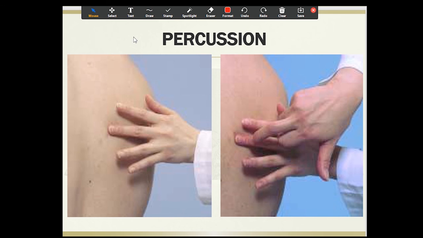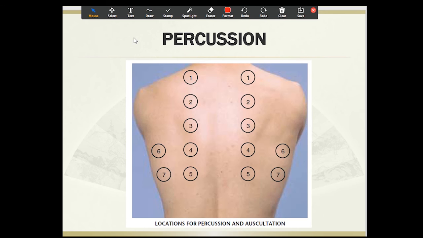Then we talk about the location of the percussion. We still compare two sides of the body with percussion, at the same level. The sounds will be the same.